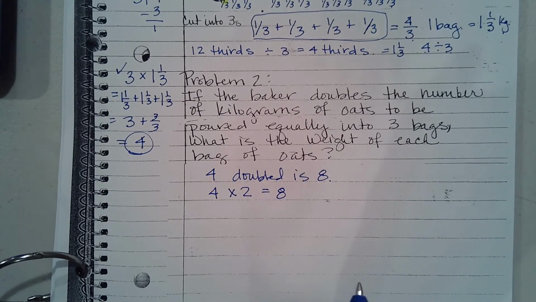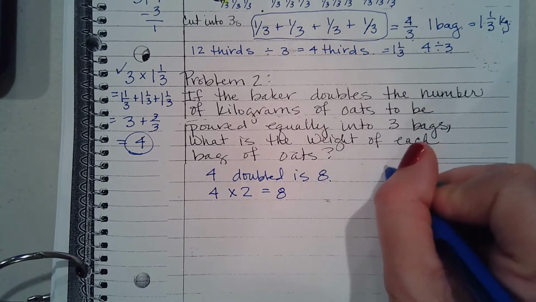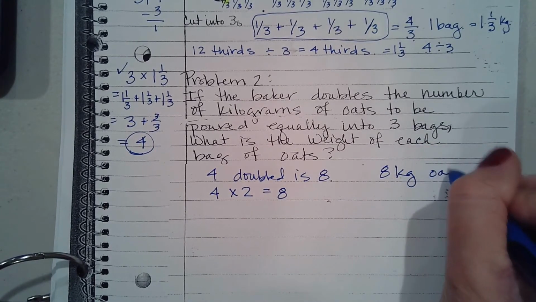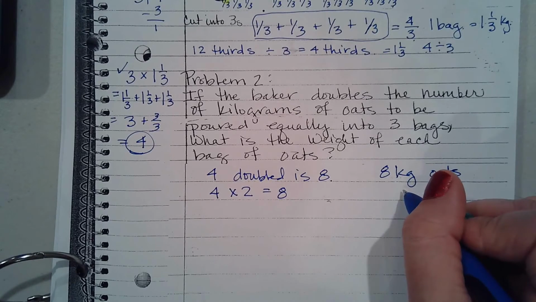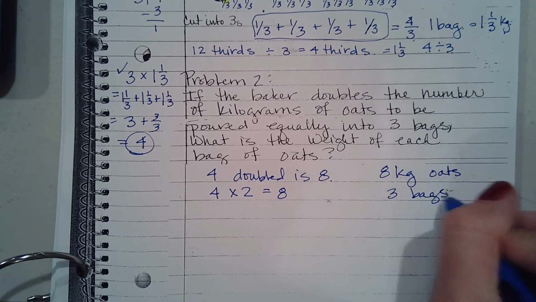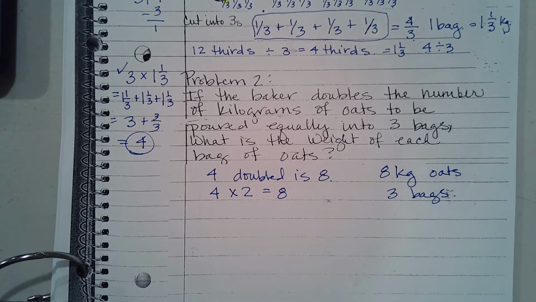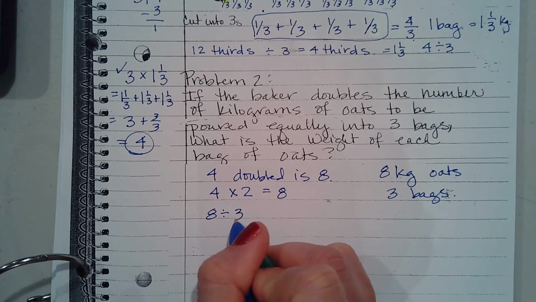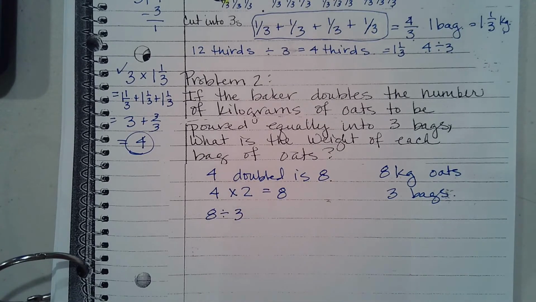The baker now has 8 kilograms of oats to pour into 3 bags again. So, what is the whole number? The whole number is 8. What is the divisor? The divisor is 3. So, 8 divided by 3. Now, how are you going to solve this?